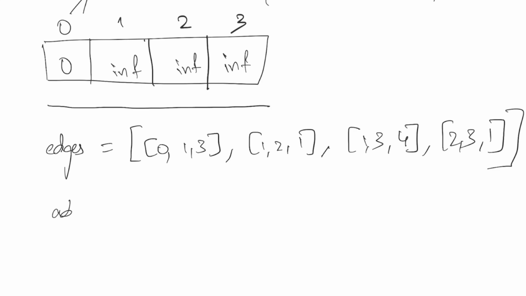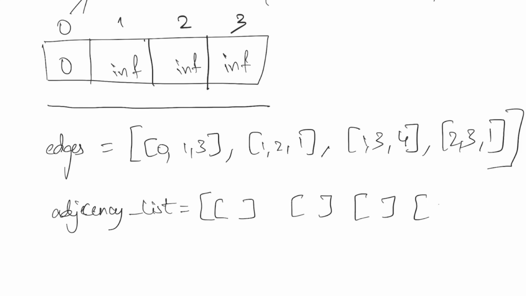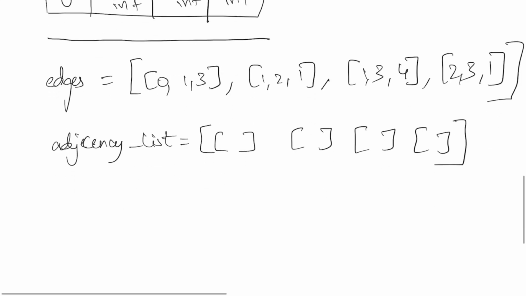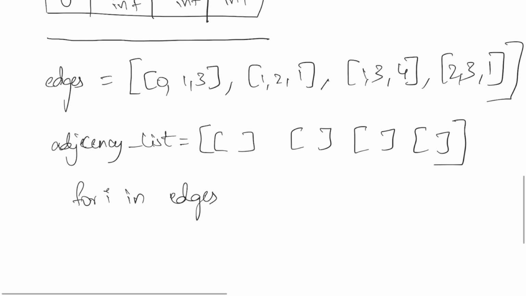Now what I'll do is adjacency list equals, for each and every city you'll find the adjacency list. You'll create an empty adjacency list with n cities. Okay, for each and every city iterate through edges, for I in edges. So add it. For the 0th city, from 0th city to first city the distance is 3.